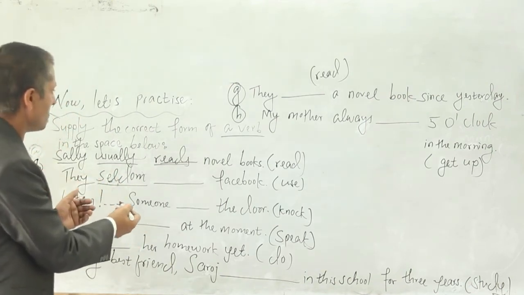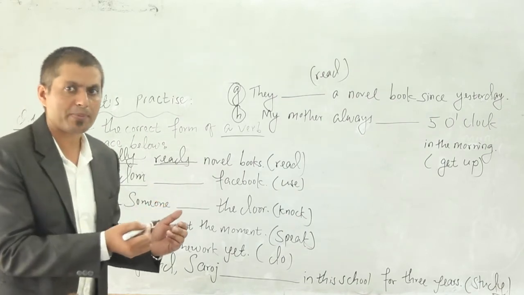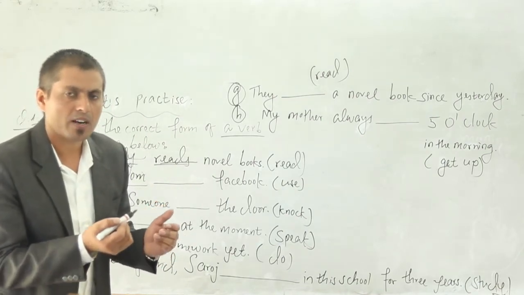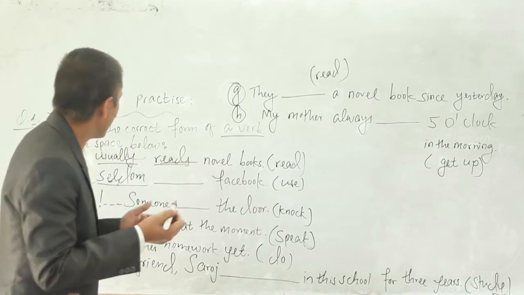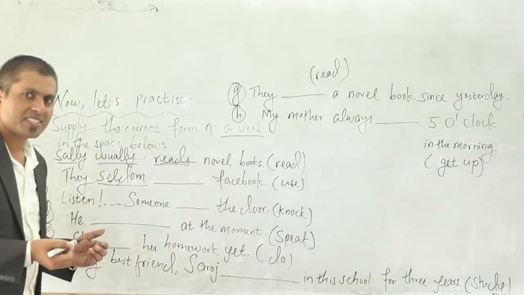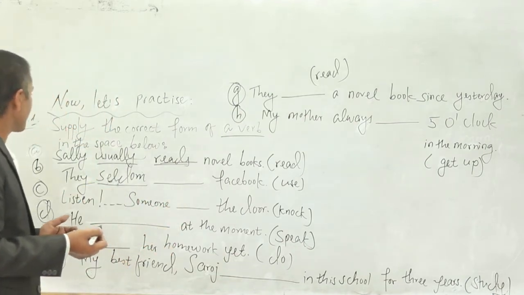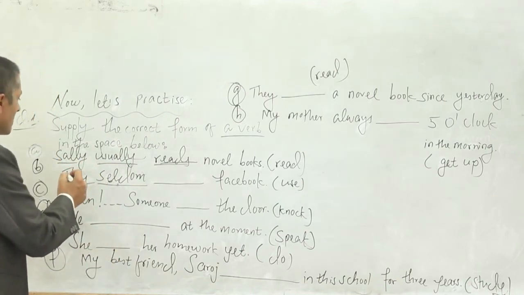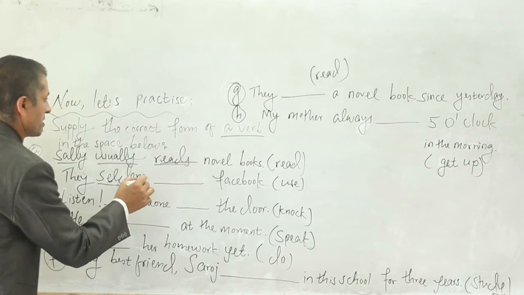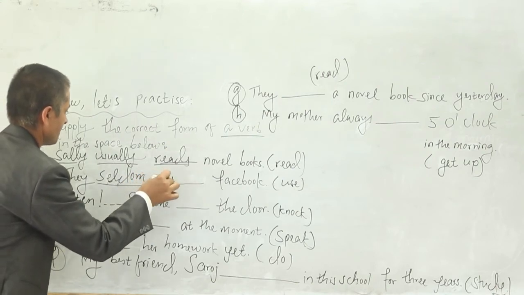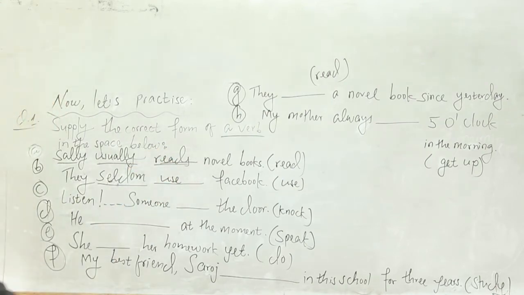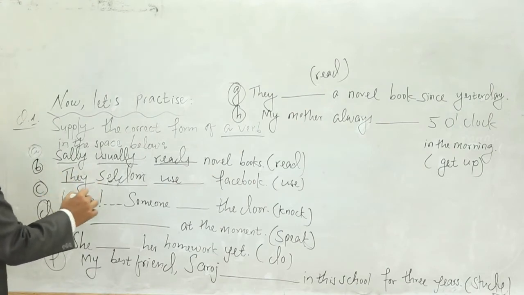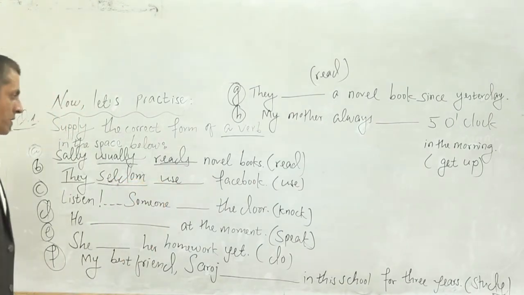If there is a habit, then which tense do we use, as I told you before? Here also present simple. They seldom use Facebook, without changing. Here plural subject, plural verb.